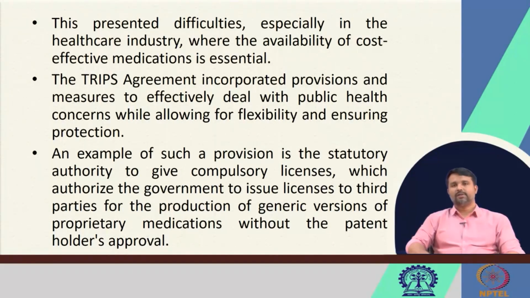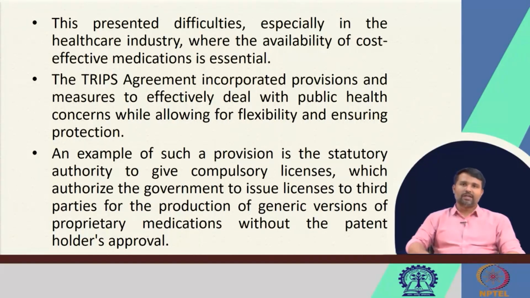The TRIPS agreement incorporated provisions and measures to effectively deal with public health concerns while allowing for flexibility and ensuring protection. An example of such a provision is the statutory authority to give compulsory licenses, which authorize the government to issue licenses to third parties for the production of generic versions of proprietary medications without the patent holder's approval.